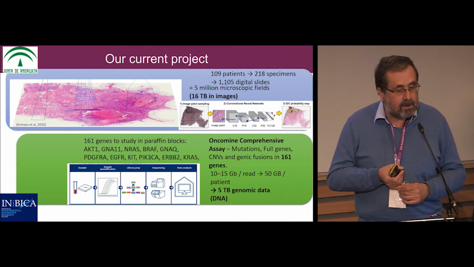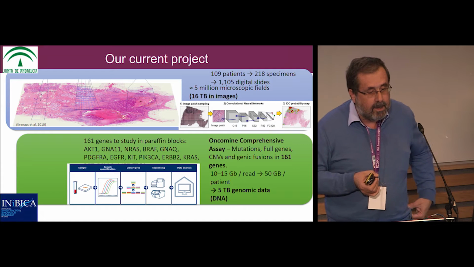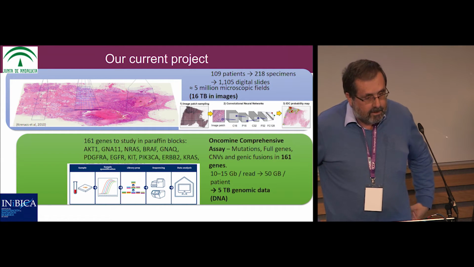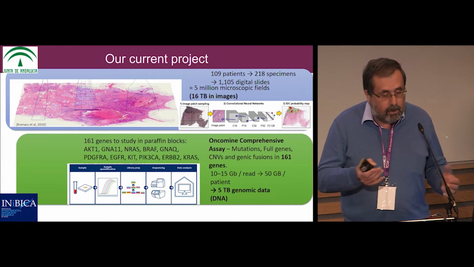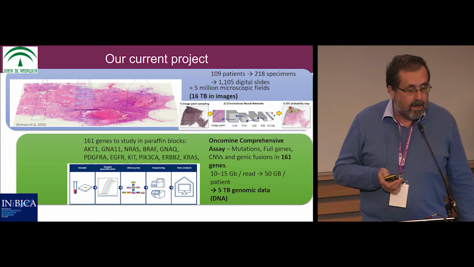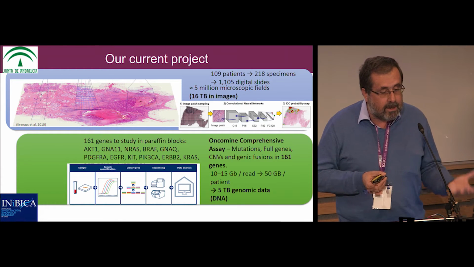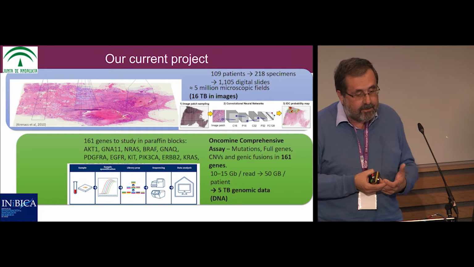We have 109 patients, and from them we collected 218 specimens. And at the end, we are already analyzing over 1,000 digital slides, and we plan to correlate this with the information that we already have from these cases.